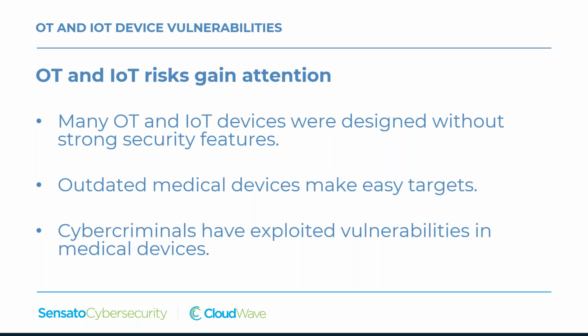And we're starting to see attacks on those medical devices. We've been preparing for it for quite some time, but now we're seeing active attacks against those medical devices in order to disrupt patient care. Cyber criminals have exploited vulnerabilities in these medical devices, and we're going to take a look at that as we jump into our dissection of an attack.